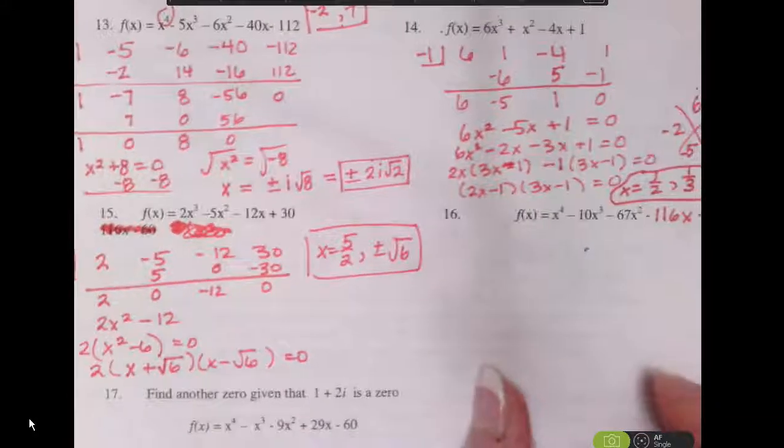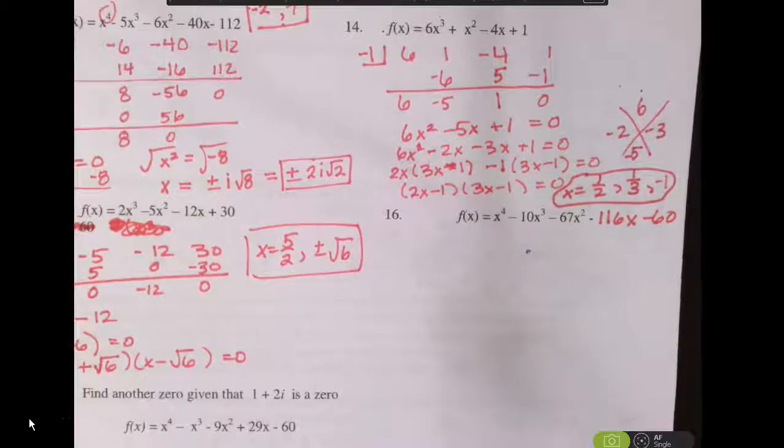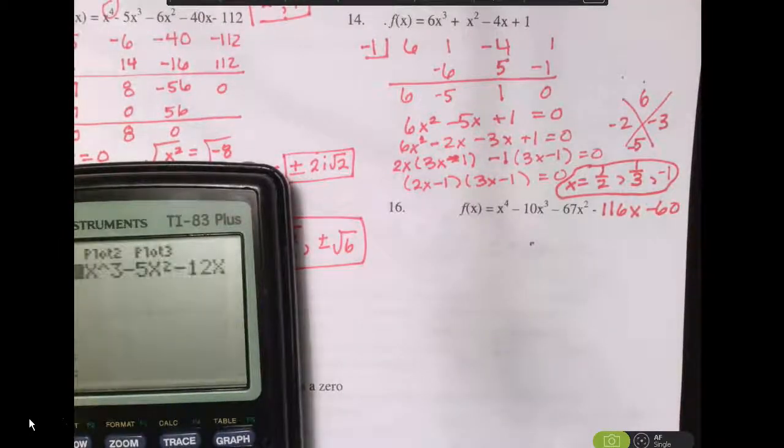And then let's take a look at number 16. We're going to plug that in. We get x to the 4th minus 10x cubed minus 67x squared minus 116x minus 60.